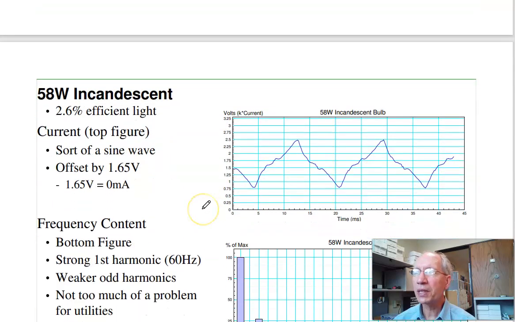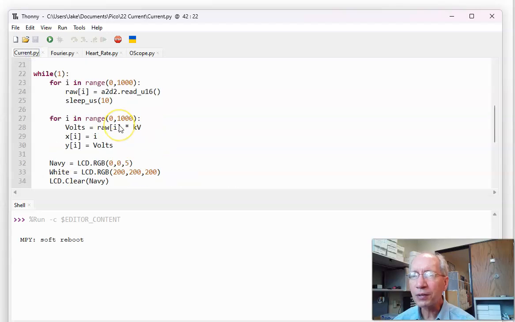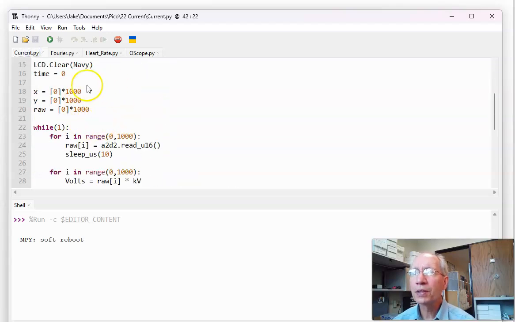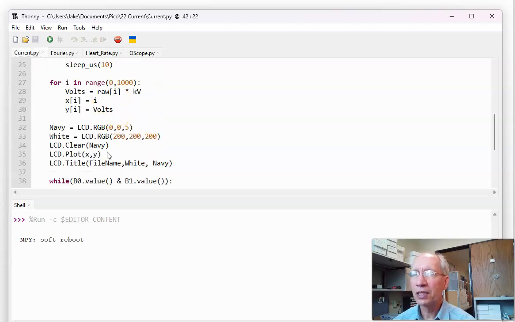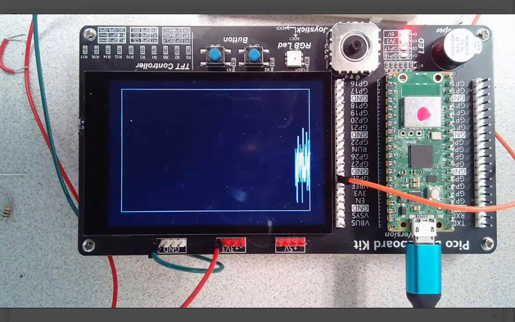So let's see how that works. If I go to Thonny, here's the current reading. I am going to start out reading in the data, 1,000 points. Once I get the 1,000 points, convert to voltage, and then plot it. As I run this code, I'm currently taking the current reading for a light bulb that's turned off.